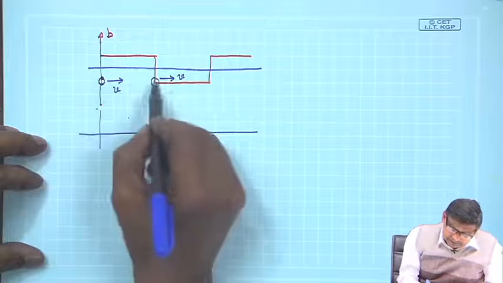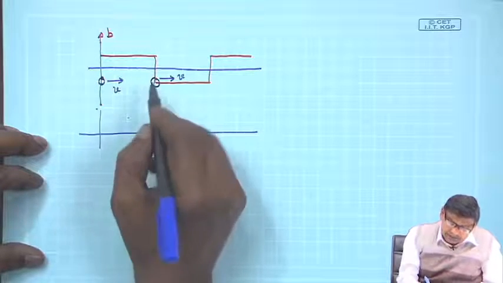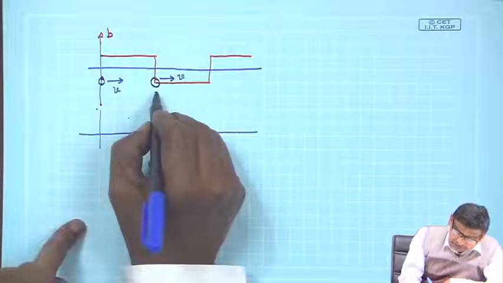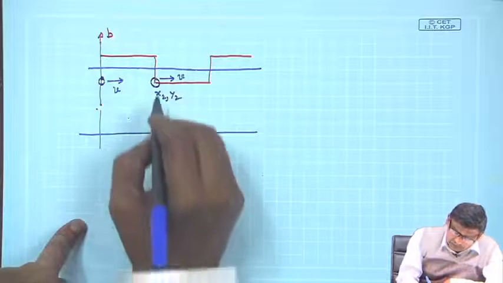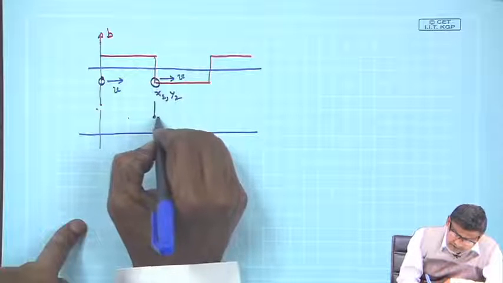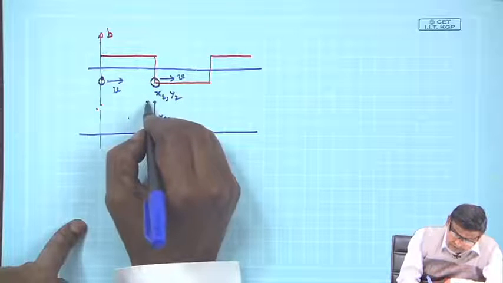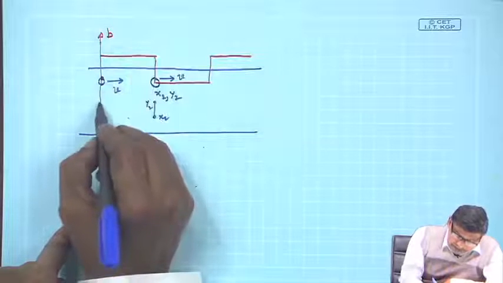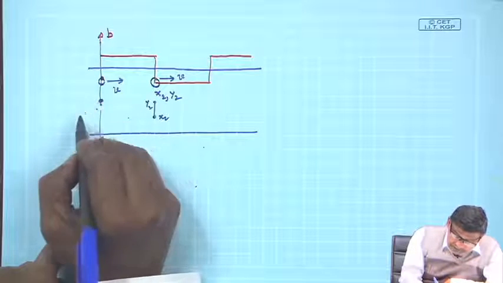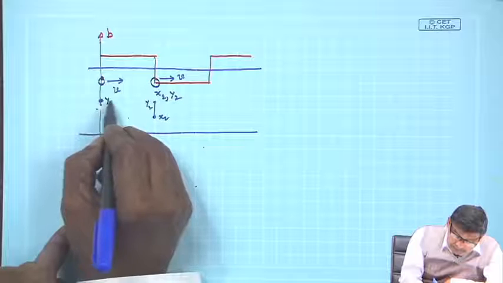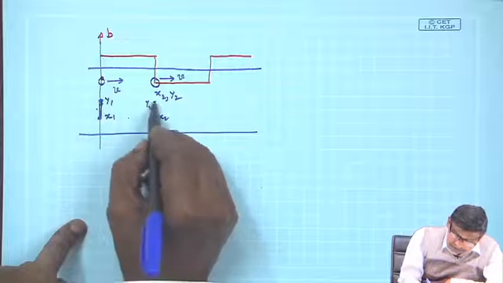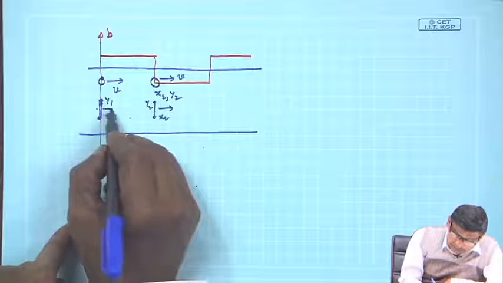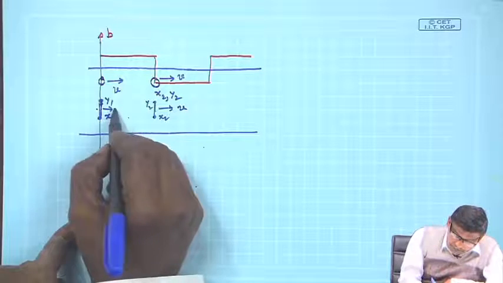Consider this conductor: what will be the voltage across it, with terminals x2 y2? What will be the induced voltage? X2 y2, you recall, is like this, plan view. Similarly, this conductor is y1 x1, another conductor, and both of them are moving with this velocity. So you move it so that the separation between them is constant.